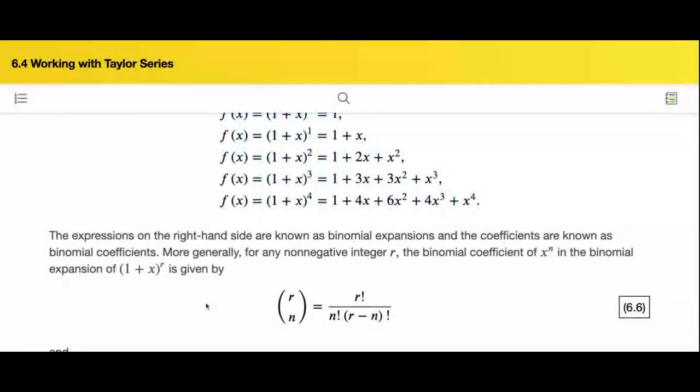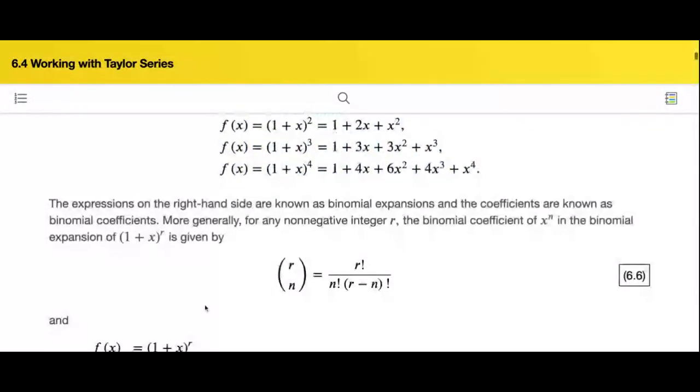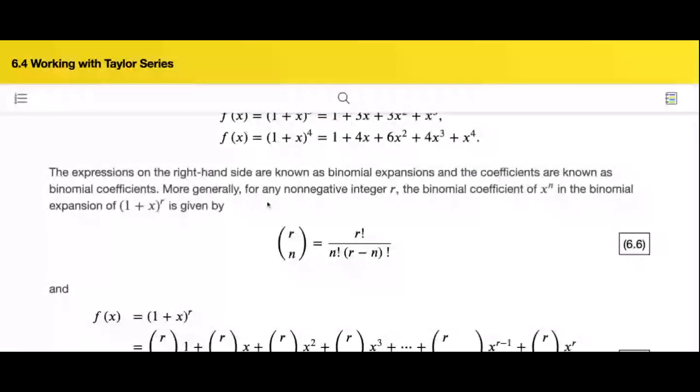More generally, for any non-negative integer r, the binomial coefficient of x raised to n in the binomial expansion of 1 plus x raised to r is given by out of r things, choose n things. That's a combination. This is the formula for combination: out of all things, we choose n of them.